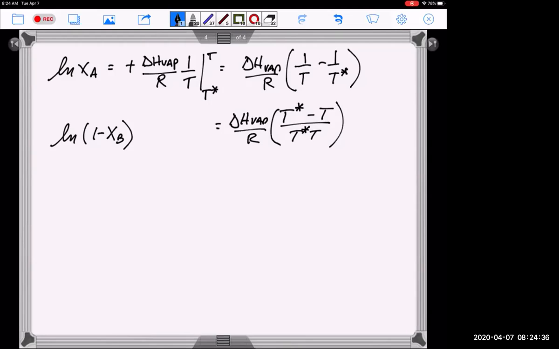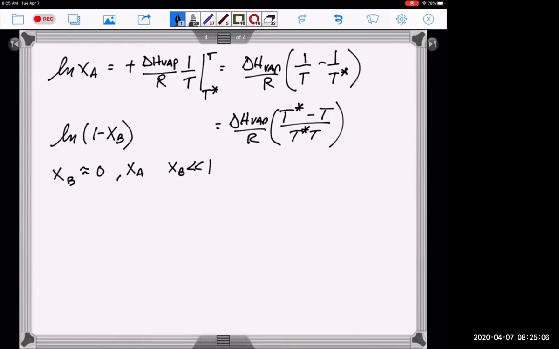Okay, and now we're going to begin some approximations here. You say, well, why? So what do we mean by that? We're going to look at xB, this is the solute. It is close to 0 when you compare it to xA, meaning xB is much less than 1.